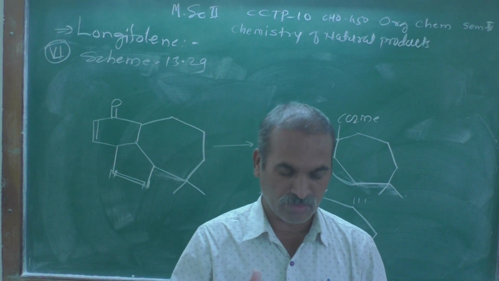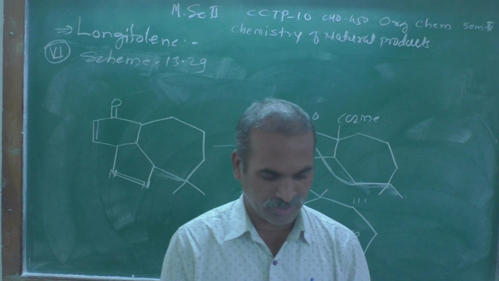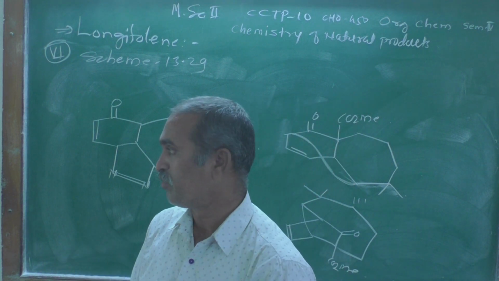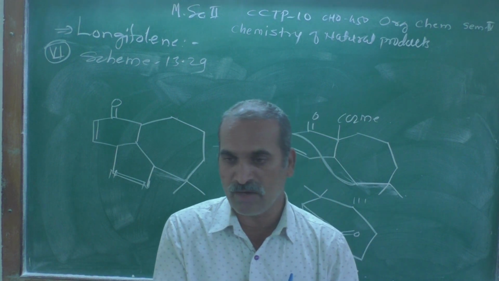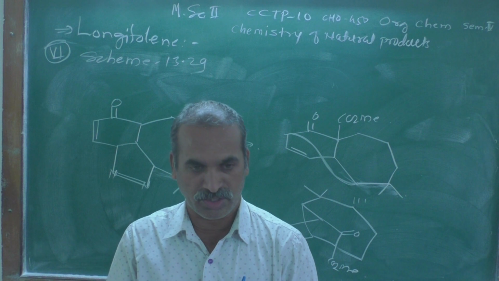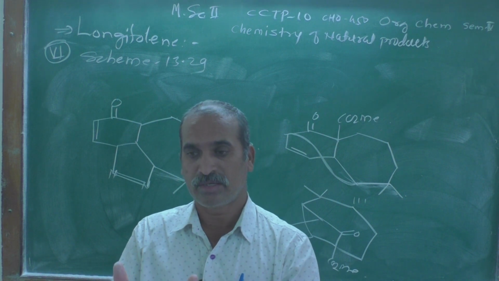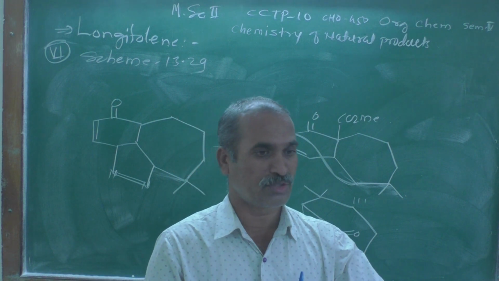That type of compound is called enantiomers, and the criterion is that the molecule must have at least one chiral center. Then we can call them enantiomers.